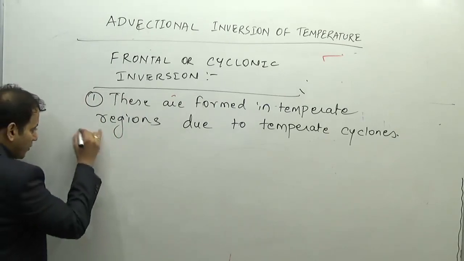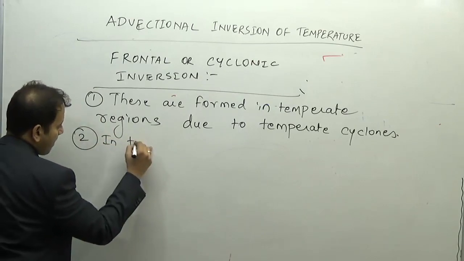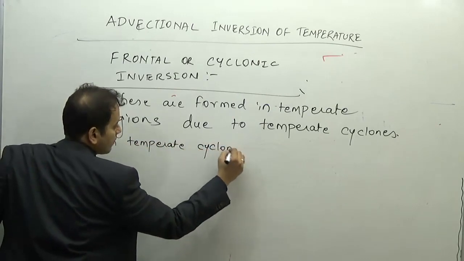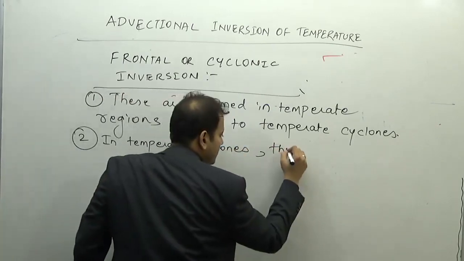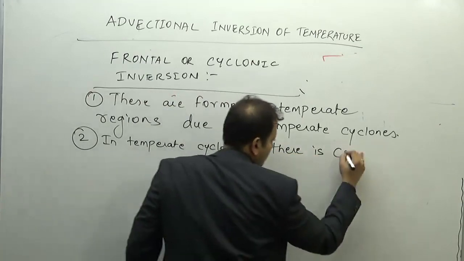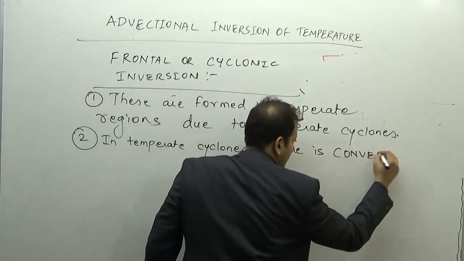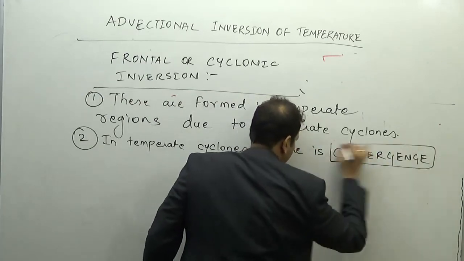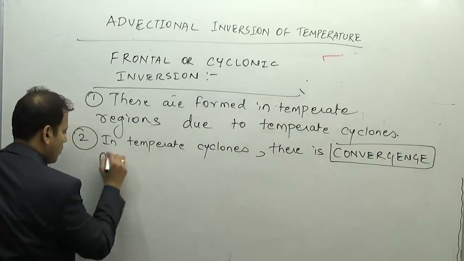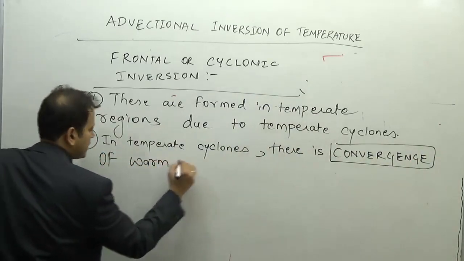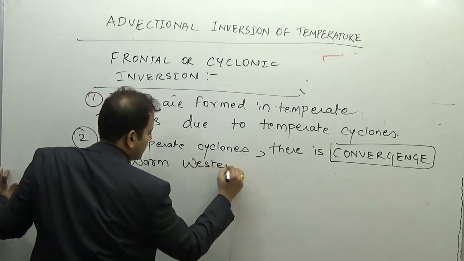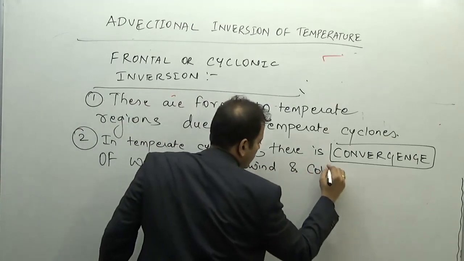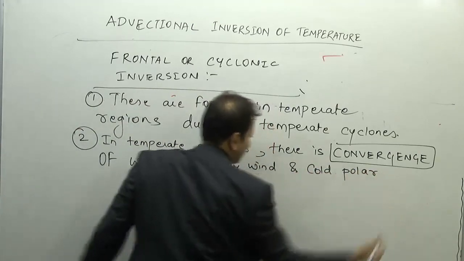In the temperate cyclones, there is convergence of warm westerly wind and cold polar easterly wind.